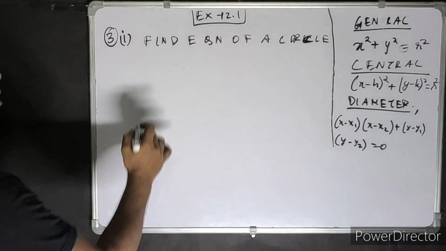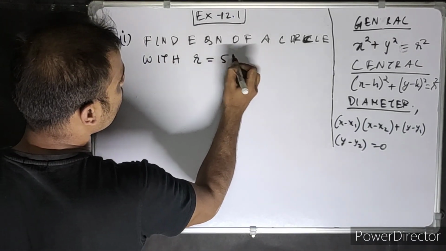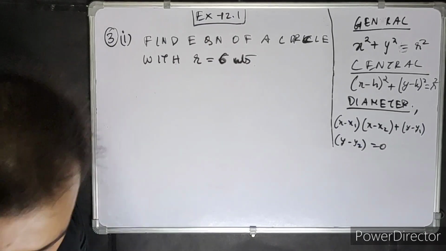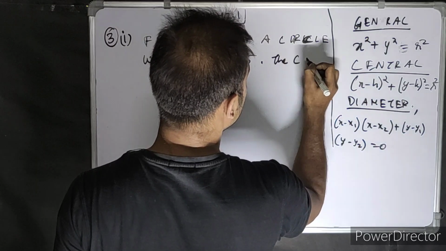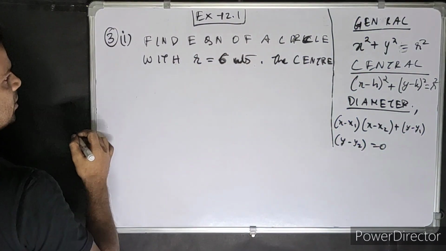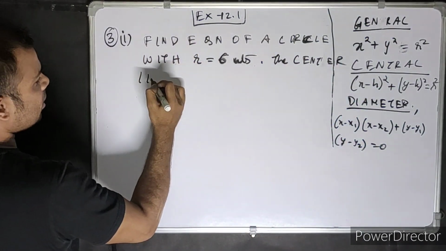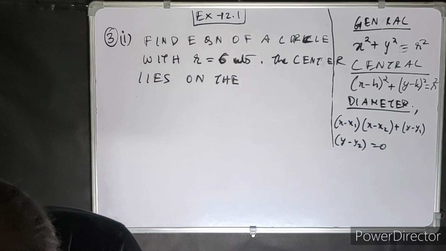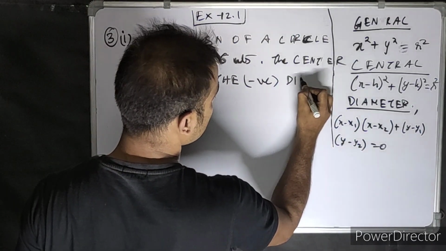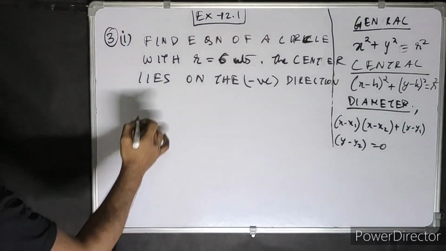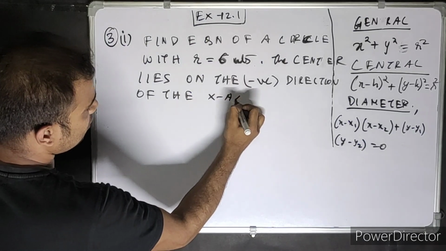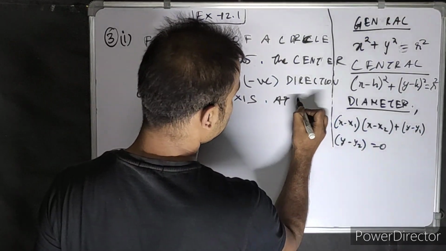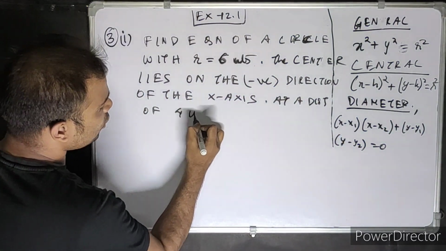Find the equation of a circle with radius equal to 6 units, and whose center lies, the center C, lies on the negative direction of the x-axis at a distance of 4 units.